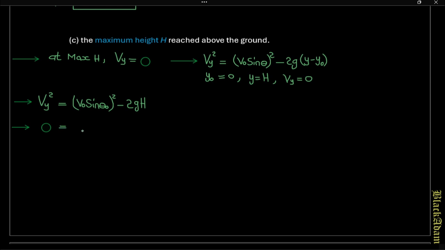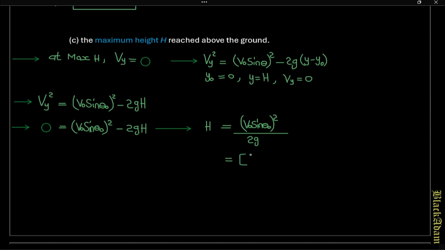So final speed is 0, and then we have v initial multiplied by sine theta, all of that squared, minus 2gh. And now we need to solve for h. So solving for h, we will have h equals initial velocity times sine theta, all of that squared, divided by 2g. Now we have to substitute the values.